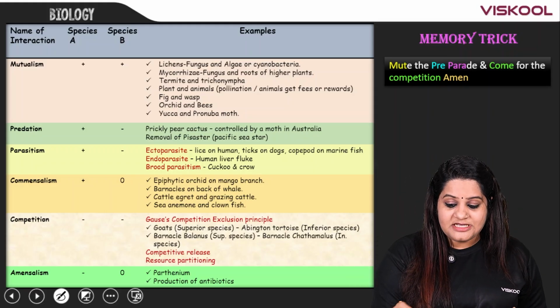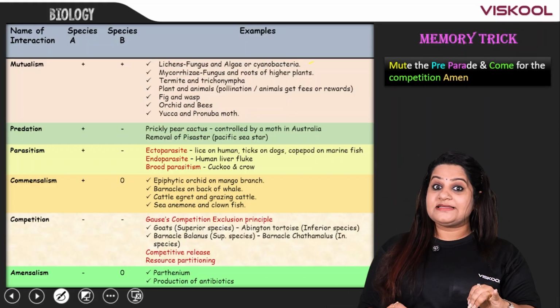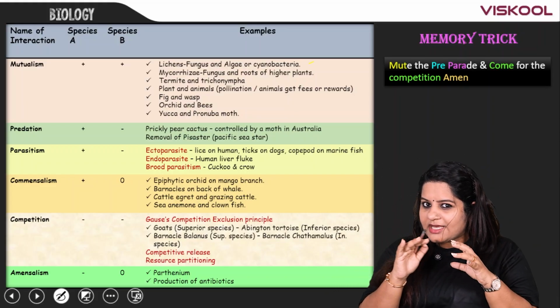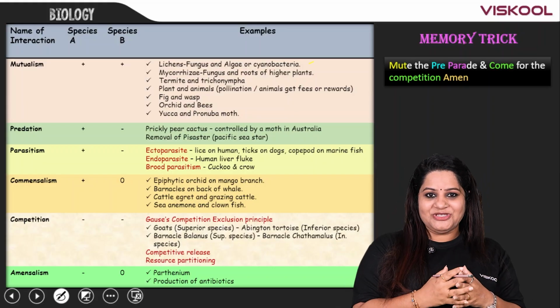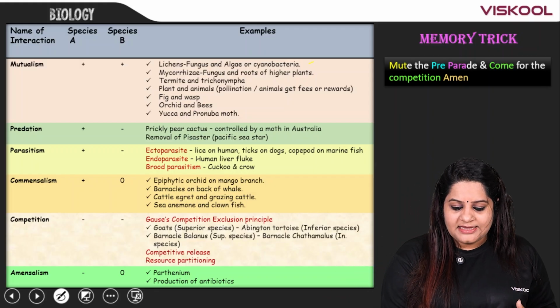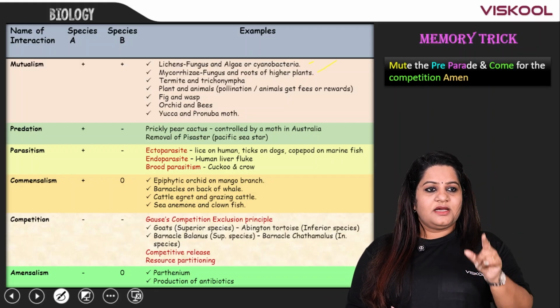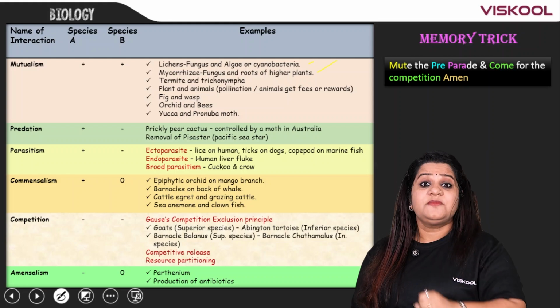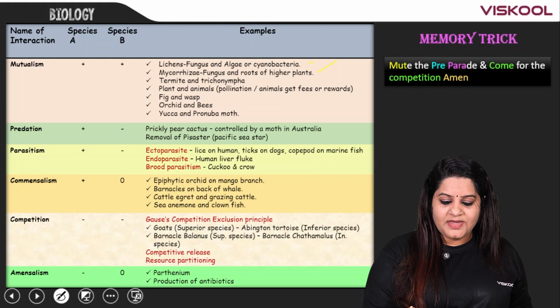Mutualism. First given is lichens. You all know fungus and algae, their symbiotic association. They are adjusting together, helping each other and living a beneficial life. Then comes mycorrhiza, which you might have studied in class 11 under gymnosperms.